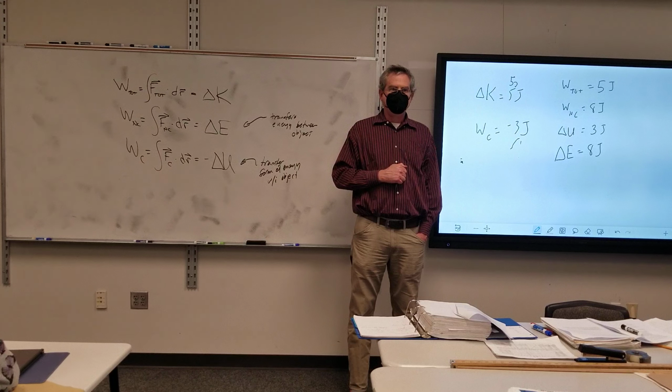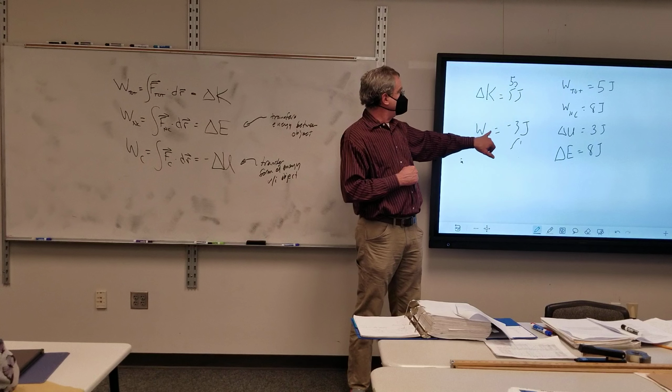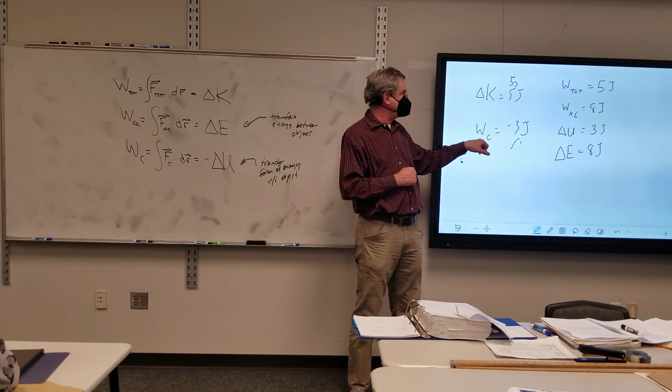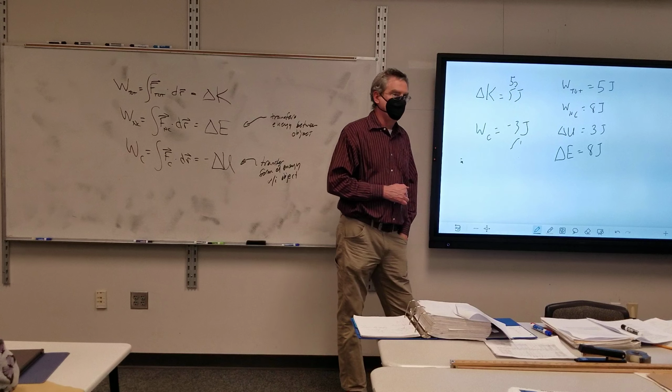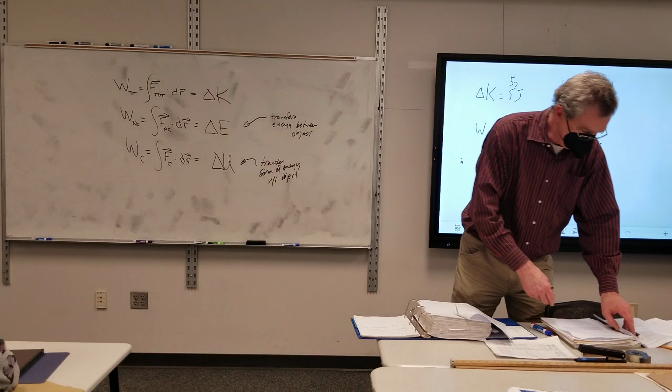Can you explain how we got the non-conservative work? I know that this is the negative of the change in potential energy. So if negative 3 joules of conservative work were done, then my potential energy changed by positive 3 joules. Will these be given to us on a formula sheet, or will we have to memorize them?